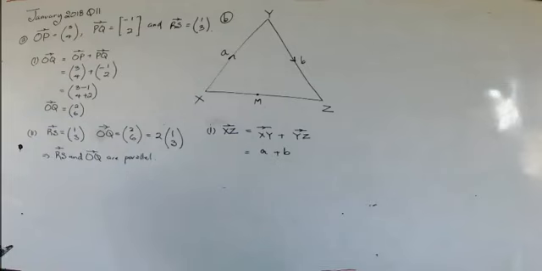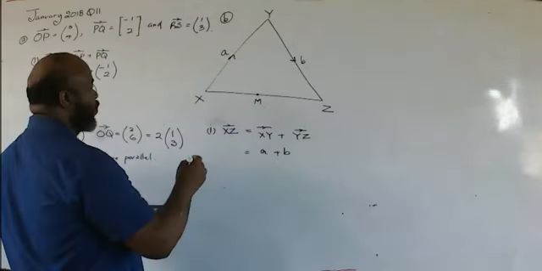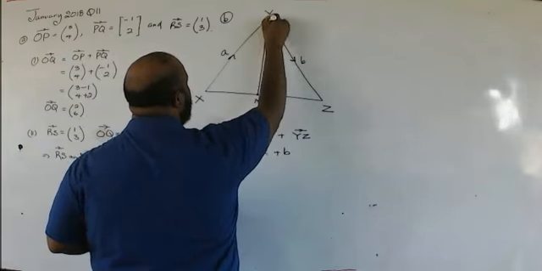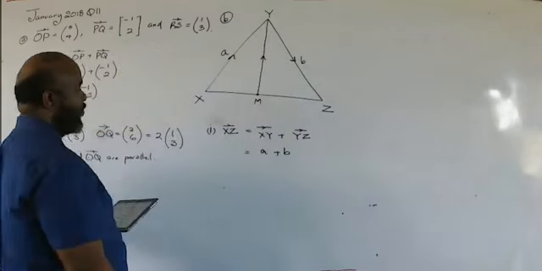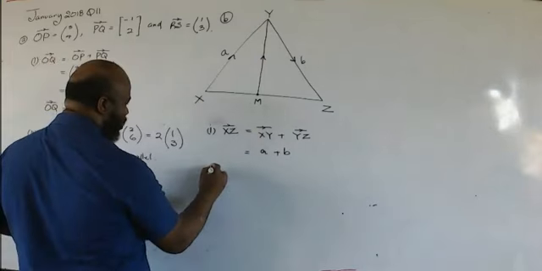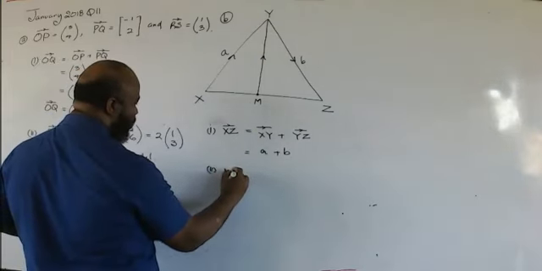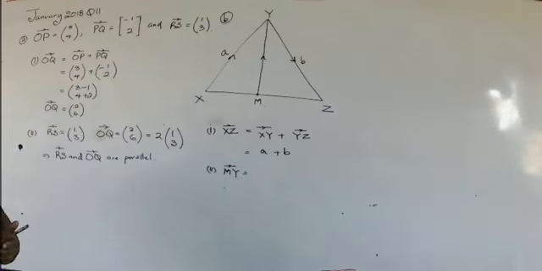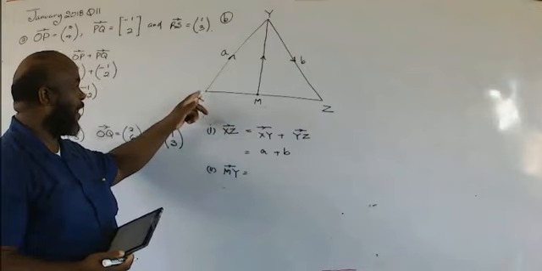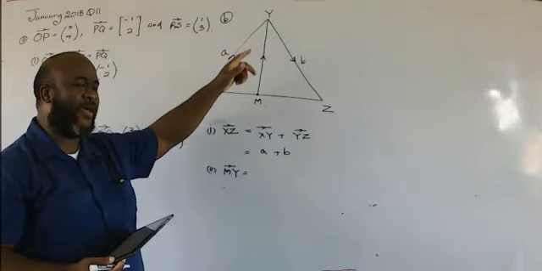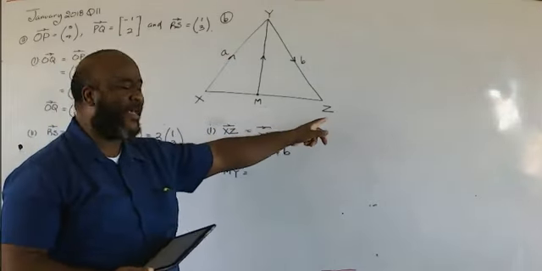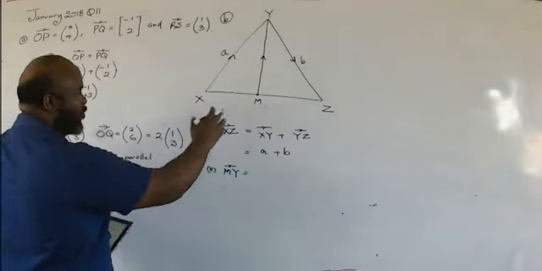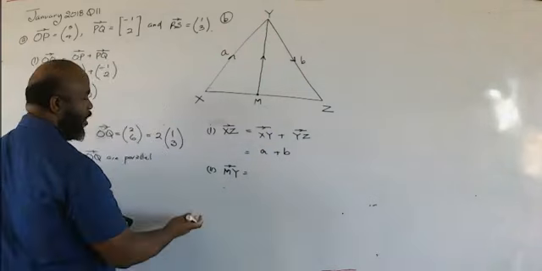What next? We need the vector MY, going from M to Y. Using the triangle law, you can go one of two directions: M to X and then X to Y, or M to Z and then Z to Y. I'm going to go this route: MZ and ZY.